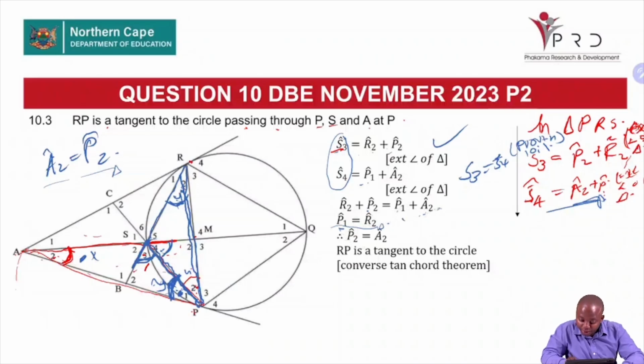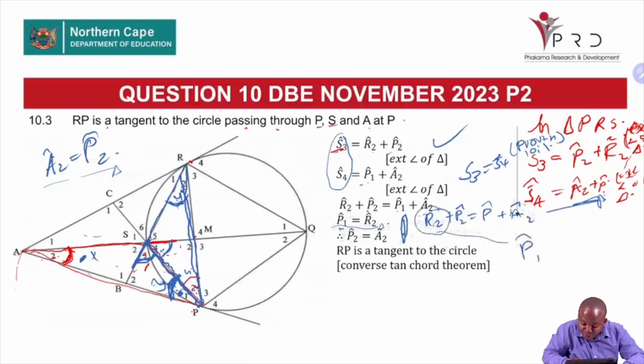So when those two are equal, that means in a space of, I can replace my, what did I do here? Okay, let's just go back to that. We have R2 plus P2 is equal to P1 plus A2. Right. So what is happening is I can replace my R2 with P1, meaning I can have P1 instead of R2, because we said P1 equals R2.